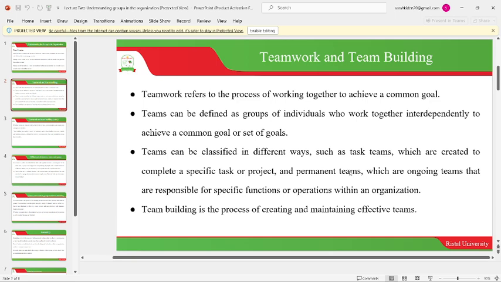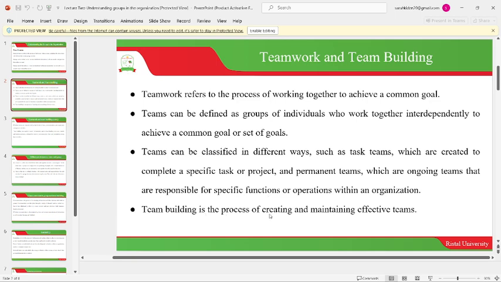For example, with a task team, when you're given a task to accomplish, you can form a team. The task team may exist for a short period of time, until you accomplish your task. But the permanent one is there permanently. They give you that responsibility for specific functions or operations within an organization.